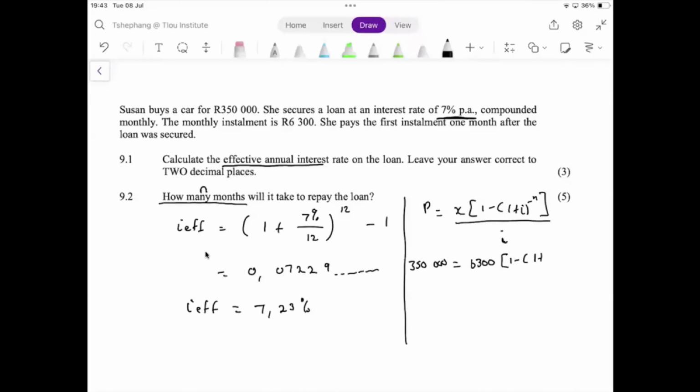1 minus (1 plus, what is the interest? The interest is going to be 0.07 compounded monthly, to the negative, how long? I will say n. Close our bracket. This is going to be 0.07 over 12.